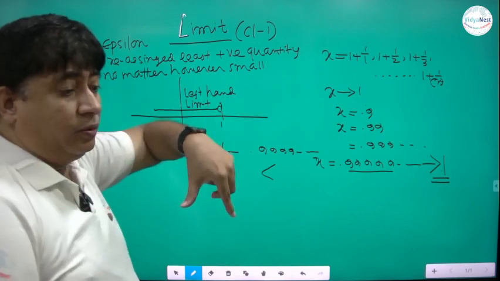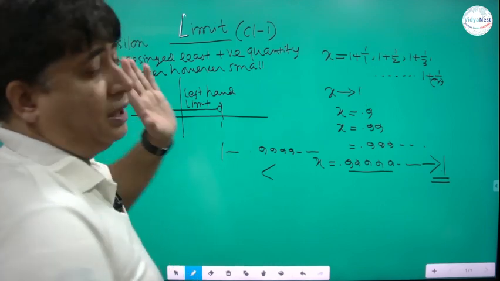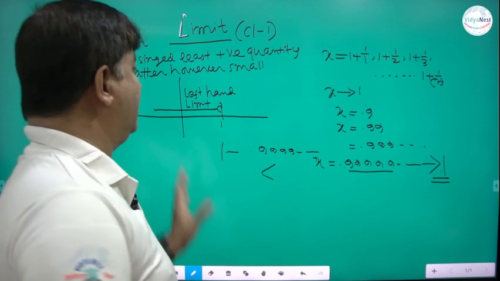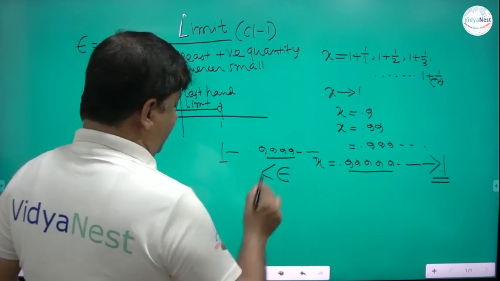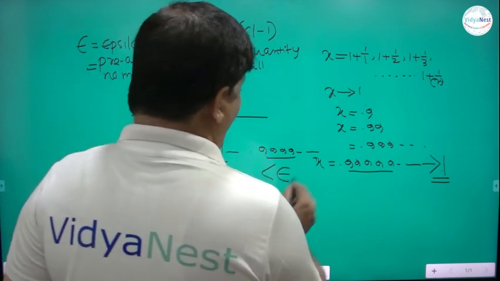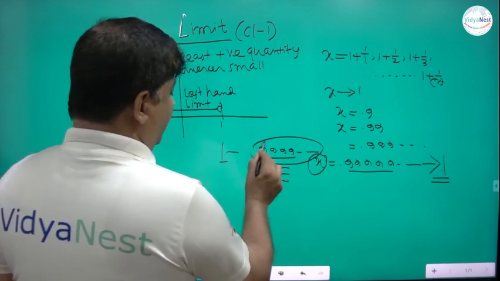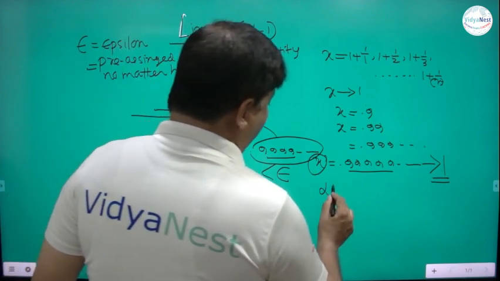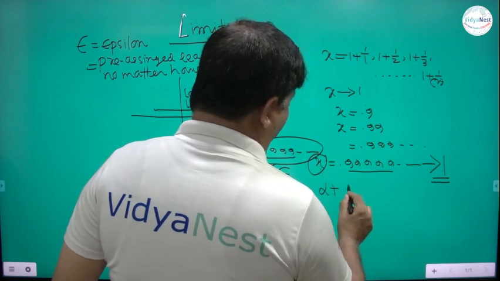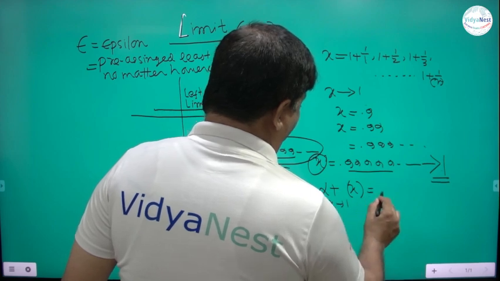That depends on you, how much lesser it can be. Okay, say 10 to the power minus 100 you can take. So small. If that difference is lesser than epsilon, then you can say that x, which has this value, is about to fall on 1. Means in that case, limit of this value x tends to 1 will be 1.